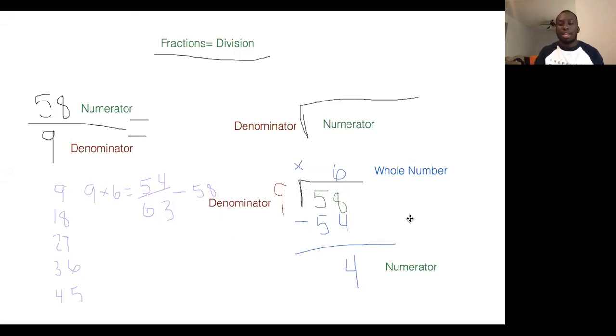So now I am ready to make my new mixed number. I'm going to first start by putting my division bar, so I don't have to do that anymore. And so now I'm just going to work through my steps. I'm going to start with my whole number first. My whole number is 6. My numerator is now 4.